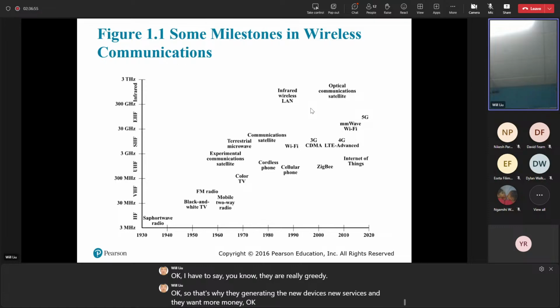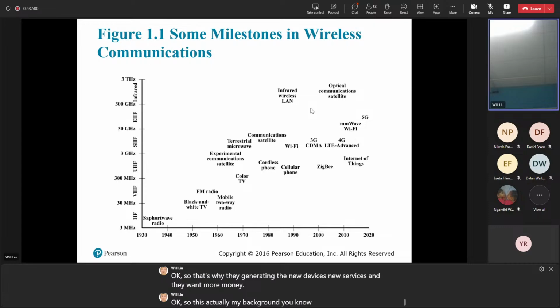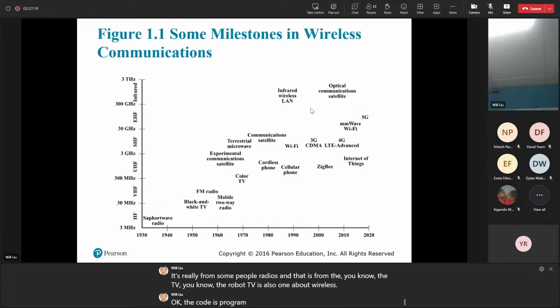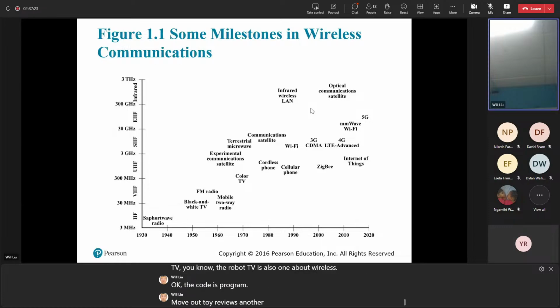So these are actually diagrams. They give you a very good systematic view of where this technology comes from. It's really from some simple radios, and then the TV, the broadband TV, which is also about wireless. They call it broadband wireless TV, mobile two-way radios, and then we talk about color TV. Sometimes people ignore TV. TV is actually also communication.